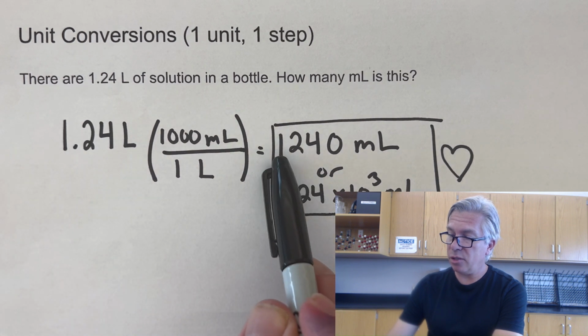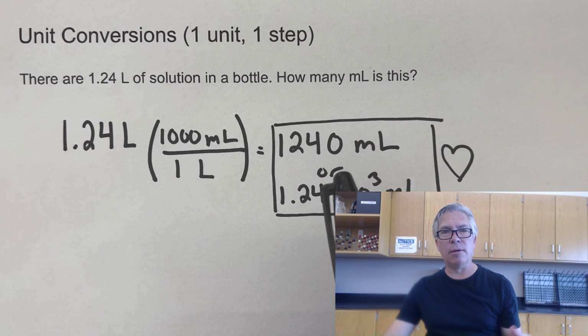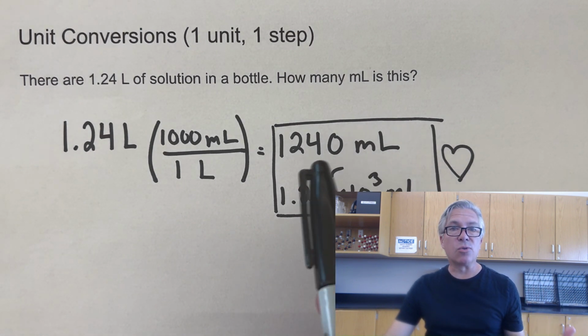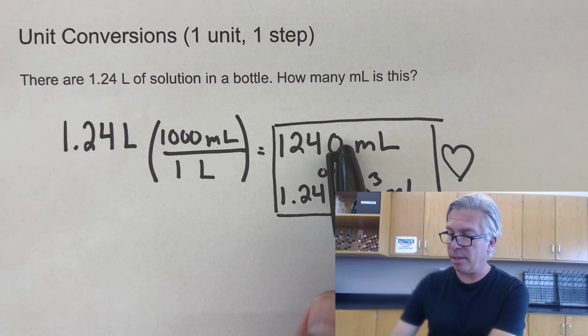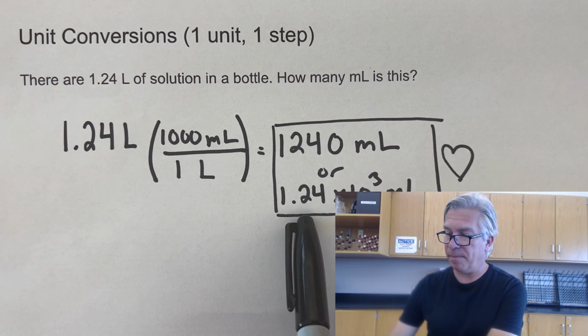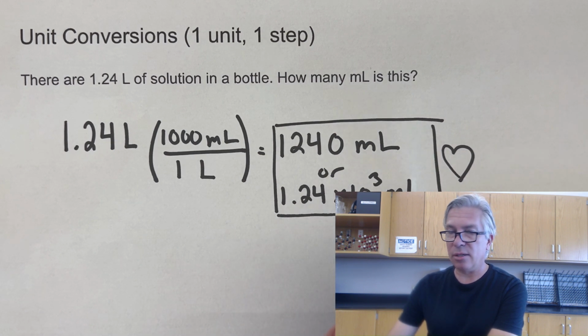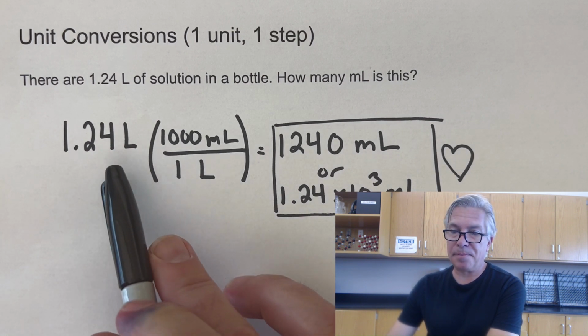So I had the 1, the 2, and the 4, but it was a little bit bigger, so I had to put a 0 there. It's a placeholding 0. I didn't put a decimal point. It's fine, but it's just saying it's about 1,240 milliliters. That's all I know. But I can get rid of that problem by simply putting it in scientific notation as 1.24 times 10 to the third milliliters, and then I still end up with just my 3 digits that I started with at the beginning.